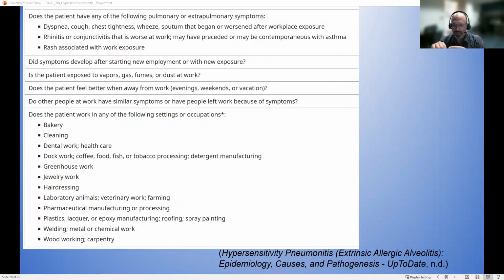Is it a vapor, a gas, a fume, or dust at work? Are they feeling better on weekends? Are they feeling better on vacations? I have one patient that is kind of a challenge because he doesn't feel better on vacation, but when he comes back to work, he has a coughing fit for a couple days.